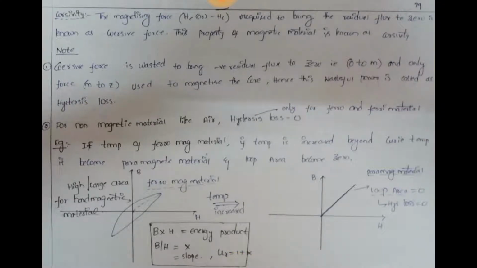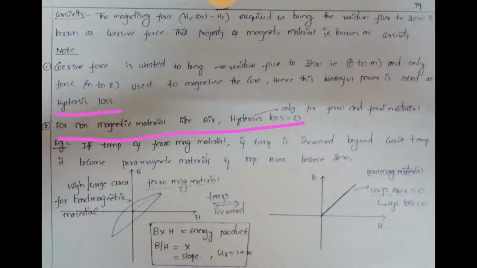Since here, the losses are due to hysteresis. One point you note here: as I have discussed earlier, for non-magnetic material like air, hysteresis loss is 0. That is, hysteresis losses are present only in two types of material.